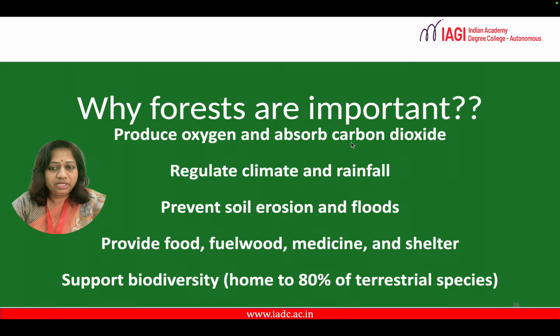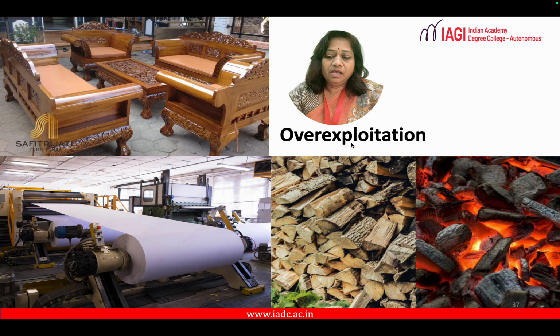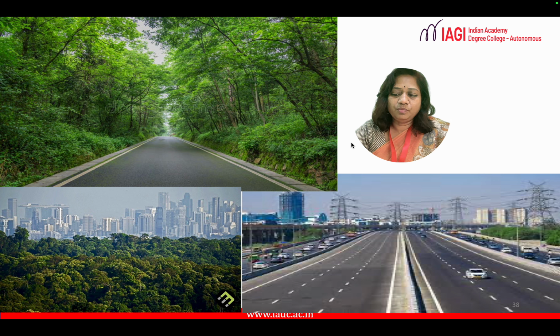It prevents soil erosion and floods, and we get so many things like food, shelter, medicine, furniture, fuel, etc. Apart from all that, our biodiversity also is supported by forest, but we are over exploiting it, like we are using it for several purposes like furniture, papers, fuel, and so many other purposes.